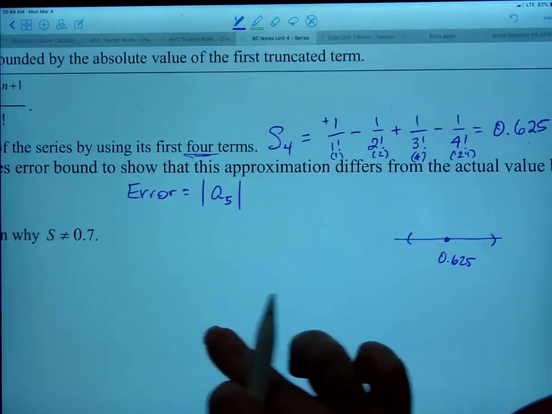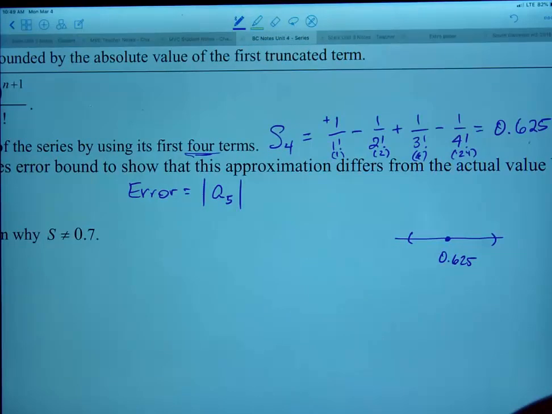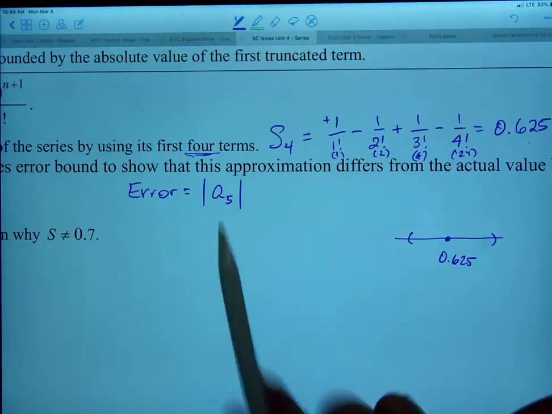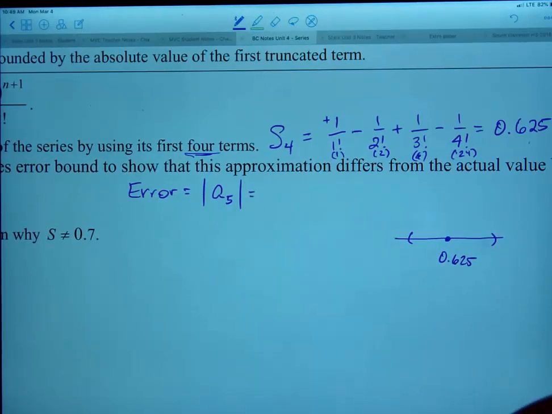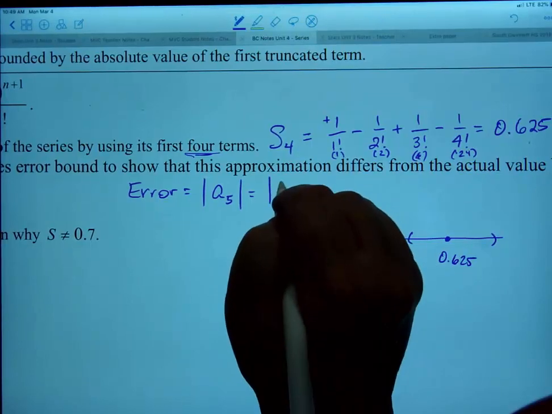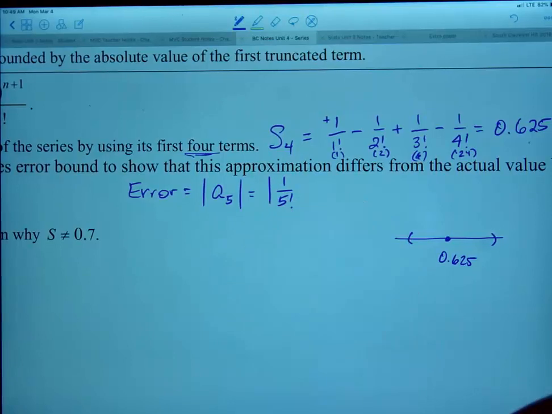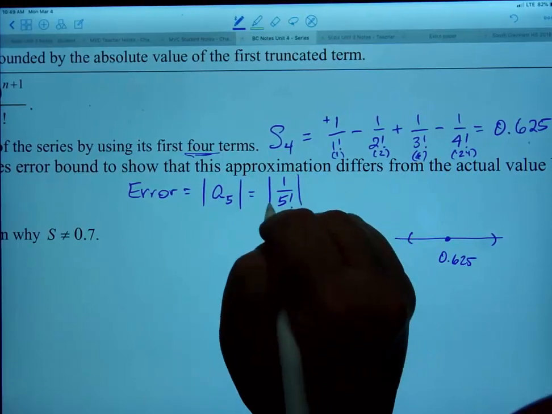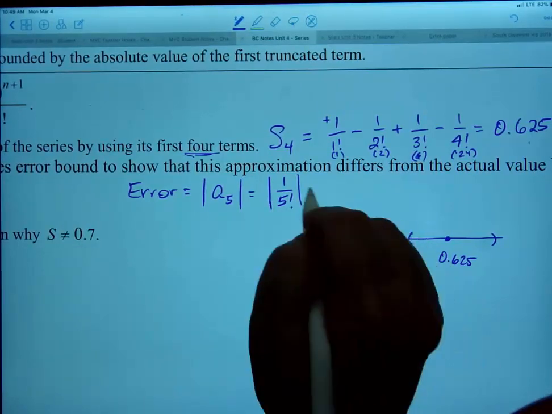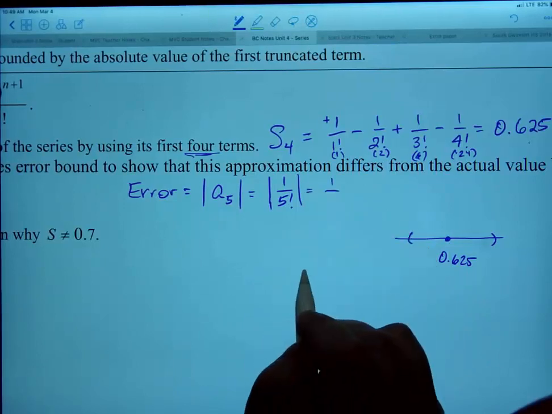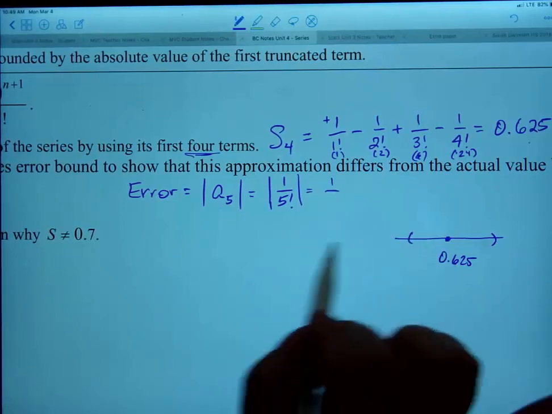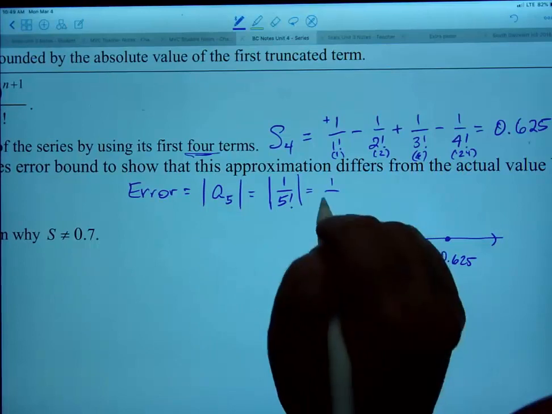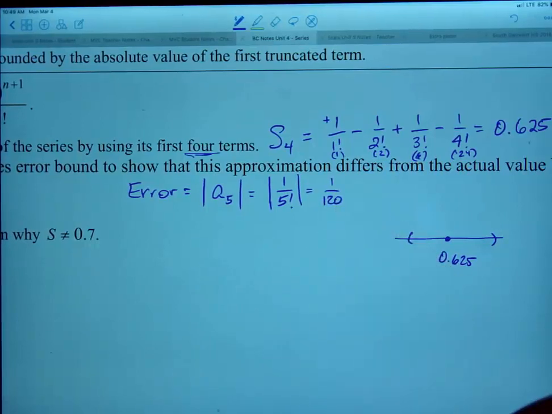So here you can see my computations for the first 4 terms. What would the next term in the sequence be? It would be 1 over 5 factorial, right? And its absolute value, which in this case would be 1 over 5 times 4 times 3 times 2 times 1, which is 120. So that is the error value.